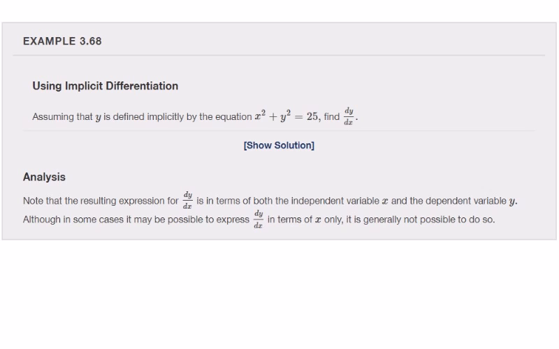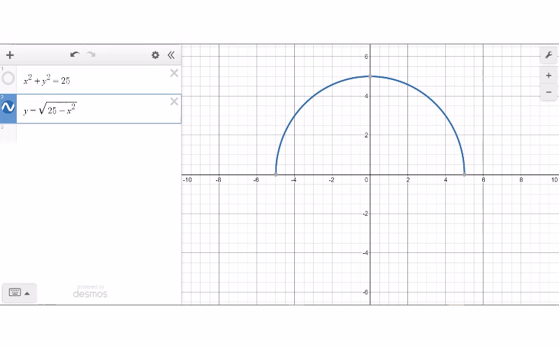But you guys know how we could do this, right? We could subtract x squared from both sides, and then take the square root of both sides. What we'd end up with is y equals the square root of 25 minus x squared, and when we take the square root of both sides, we'd have to put the plus or minus in front. But that isn't perfect either, because if we graph this function, we only have one side of that circle.